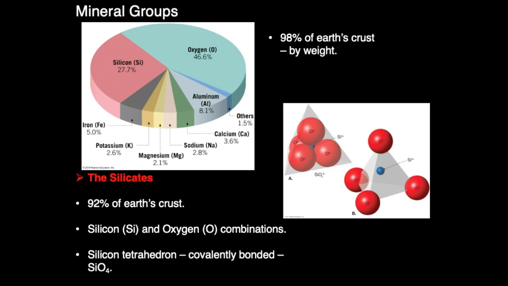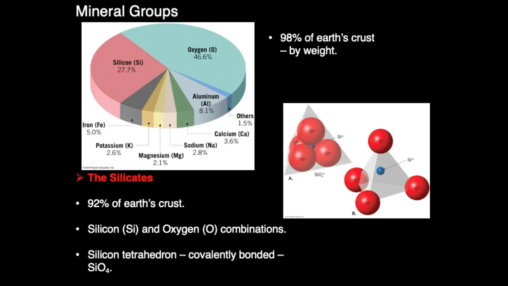About 98% of the rock-forming minerals are composed of only 8 elements by weight. Those elements are oxygen with 46.6% in abundance, silicon with 27.7%, aluminum with 8%, iron, potassium, magnesium, sodium, and calcium with some smaller amounts.